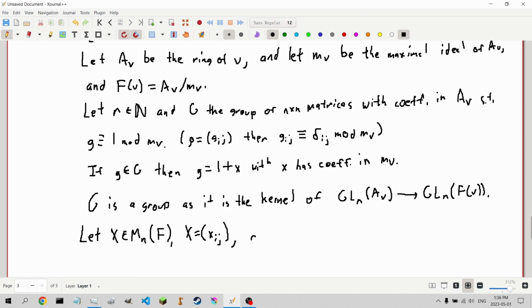And using this, we're going to define v of x to be just the smallest image of its components under our map V.